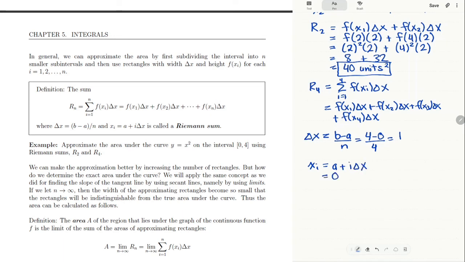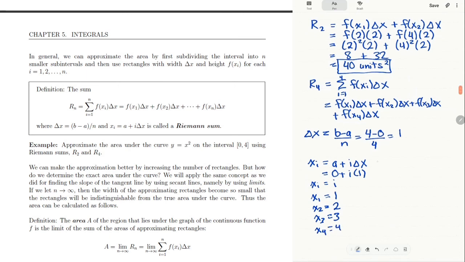So a is 0, and we know that delta x was equal to 1. And so this tells us that xi is given by i. In our Riemann sum, what we need is x1, x2, x3, and x4. So x1 is equal to 1, x2 is equal to 2, x3 is 3, and x4 is 4.